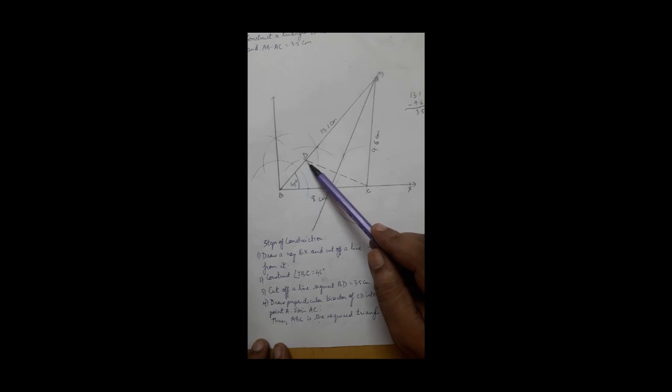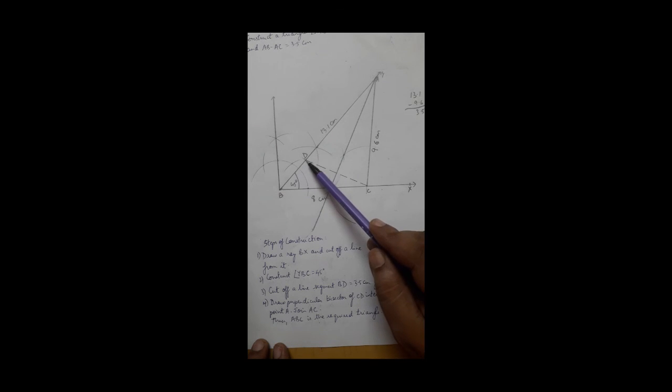We cut it off over here, and where this arc cut YB, from that point we drew a line all the way till C, and we joined CD.